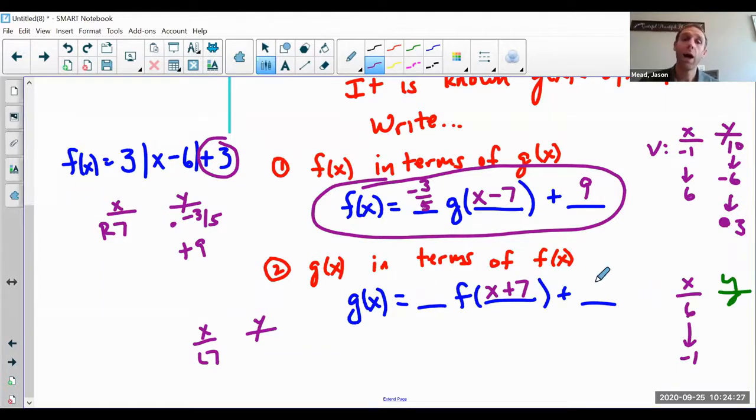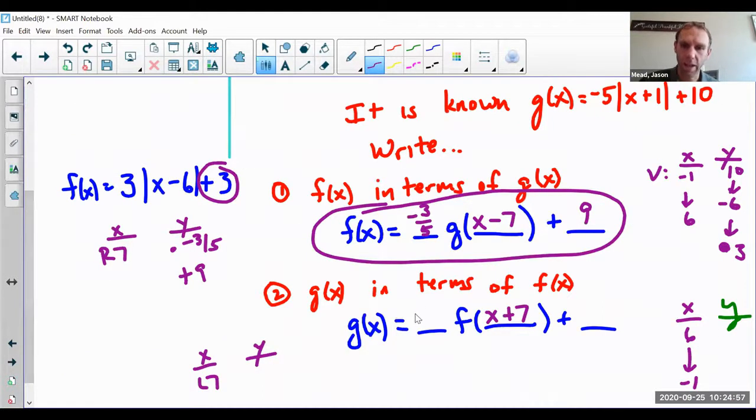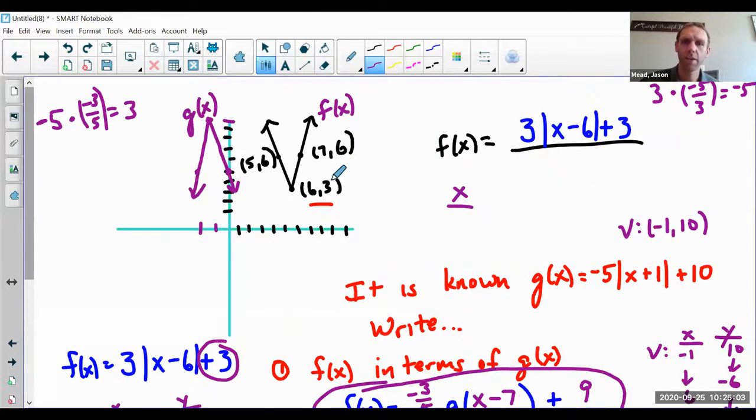Then the y always has the multiplying first. I'm going from f to g, right? So I had 3, and I need to get to negative 5. How do I get from 3 times something to be negative 5? I multiply by negative 5/3. So let's take a look at the vertex. The y value of the vertex in f was 3.